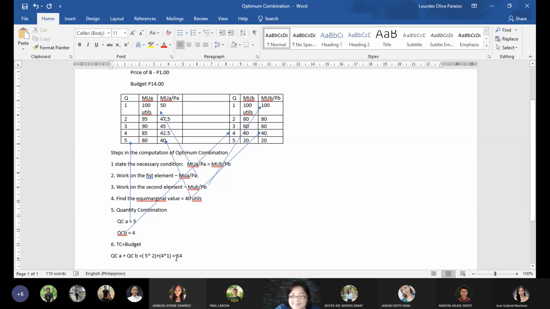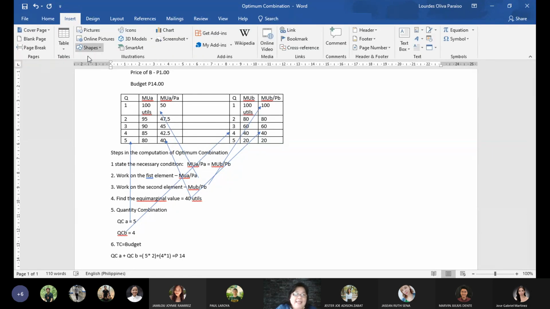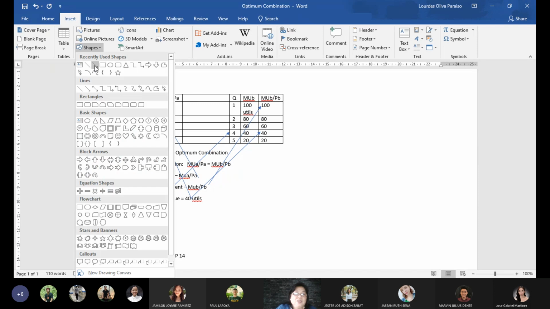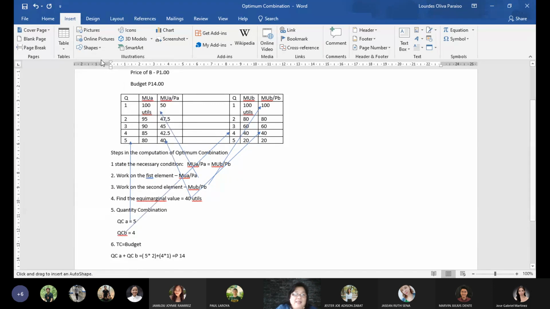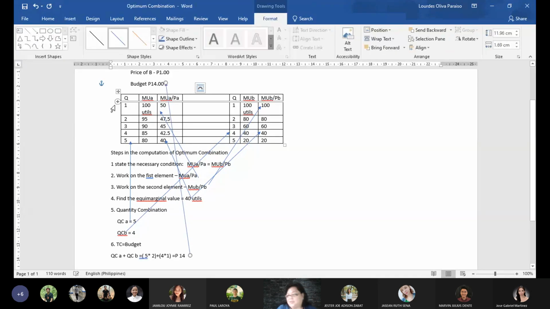Tama ba? Okay. Now, that 14 pesos is the same as your budget, and therefore, there is your budget of 14 pesos.